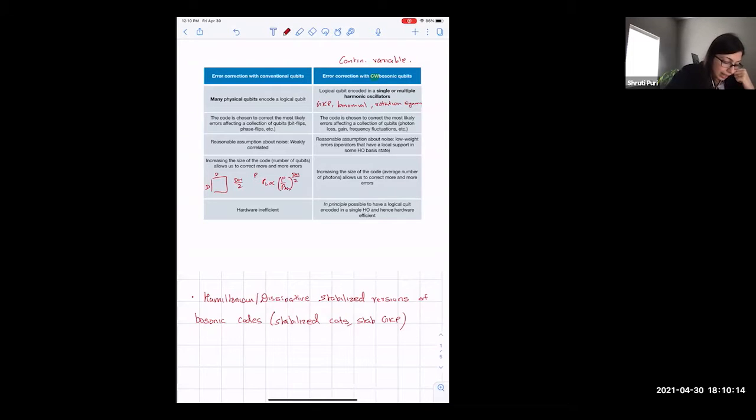So basically, as long as your physical error rate is below the threshold error rate, your error correction is going to be successful. All you need to do is just make a bigger and bigger code to correct for more and more errors.